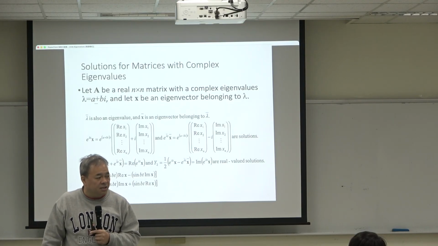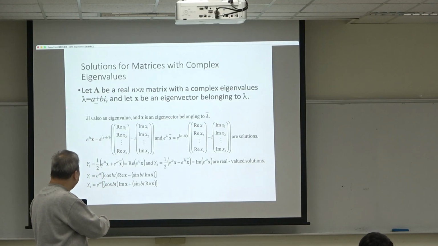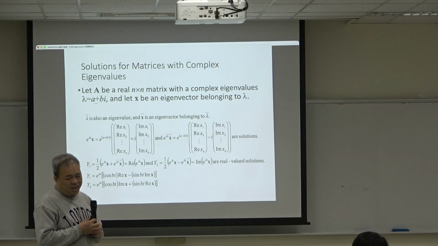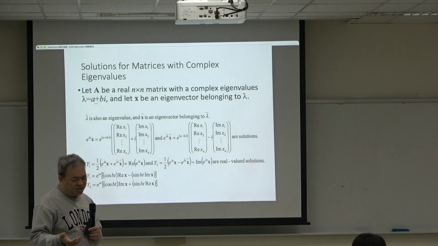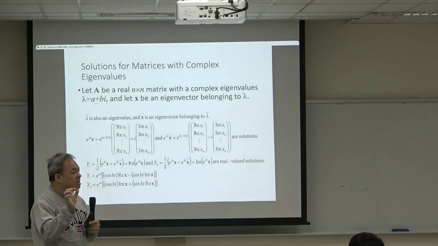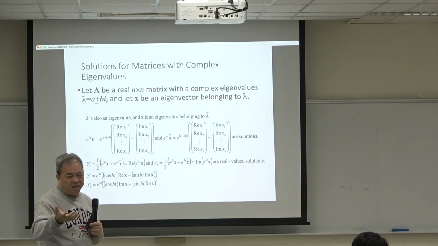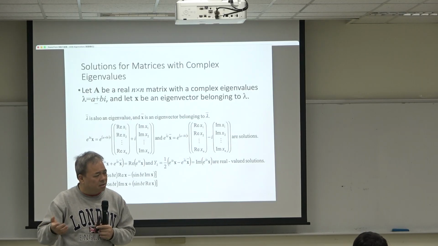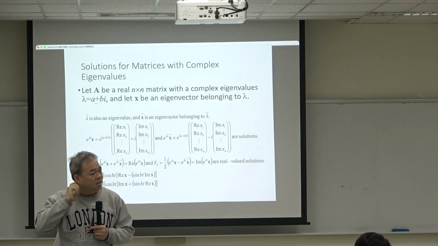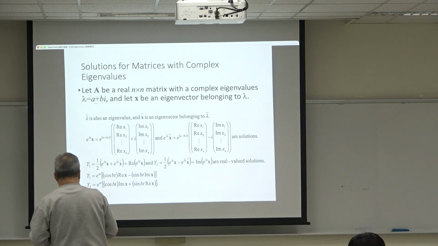If you have a solution a plus bi, you must have another solution a minus bi in order to cancel out the imaginary parts. I mean, from your high school math, you guys learned complex numbers in high school, right?